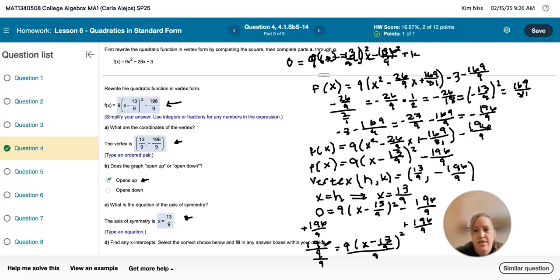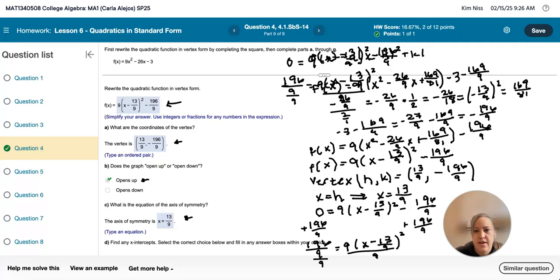Then we add 196 over 9 to both sides. And then you divide by 9 on both sides.